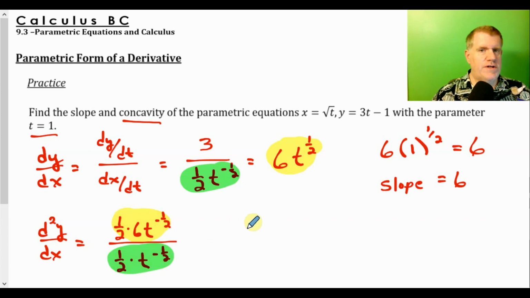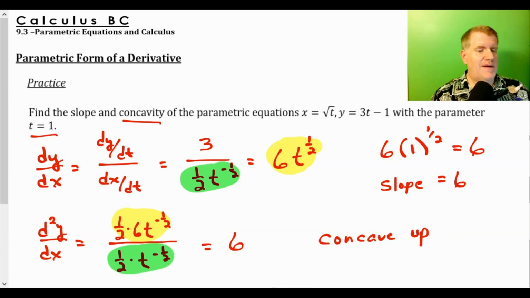That's the second derivative for a parametric equation. In this case, the 1/2 divides away, the t to the negative 1/2 divides away, and you're left with 6. So your second derivative is just 6, which means it's concave up.